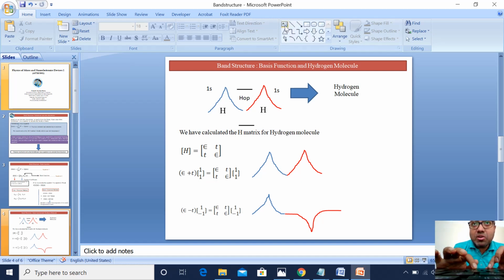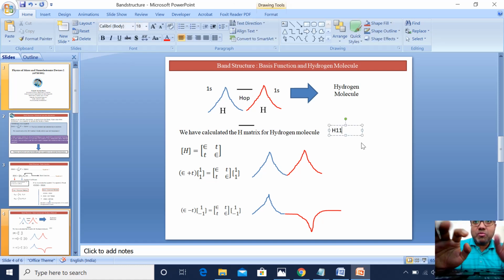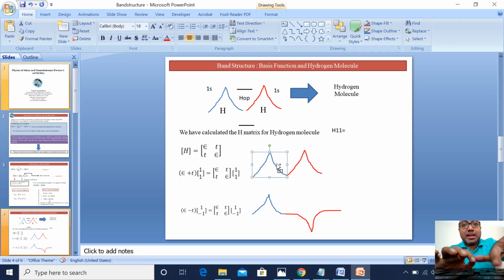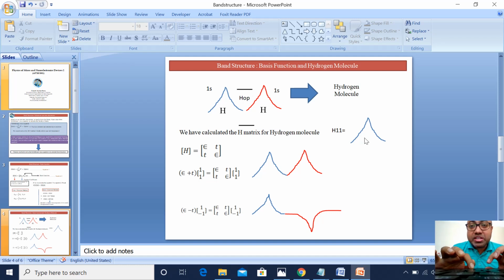If you can remember how we have written H11, the first component of my H matrix for hydrogen molecules, if you just go back and see, it looks like this: you have the H1 wave function and the same wave function overlapping with each other.